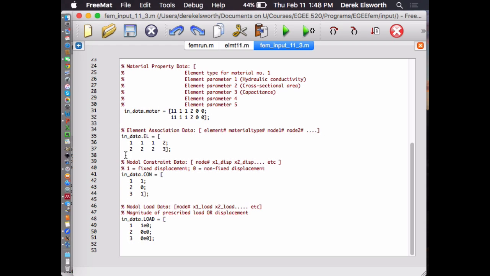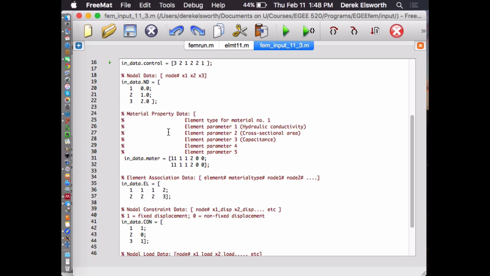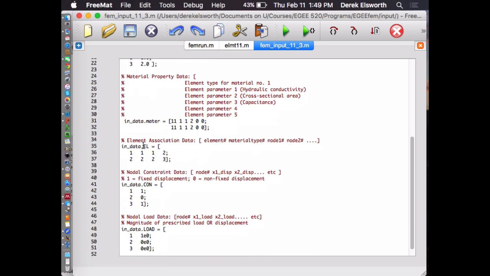Element number 2 has material number 2 and has nodes number 2 and 3 as it goes down to the base. These are the coordinates of those nodes. Node number 1 is at the top, node number 2 is below it, and node number 3 is below that in terms of z going downwards.